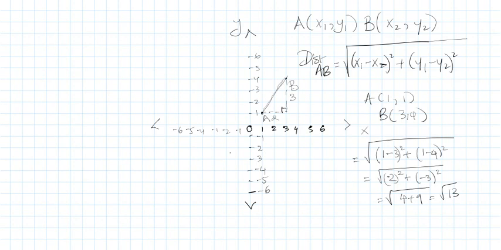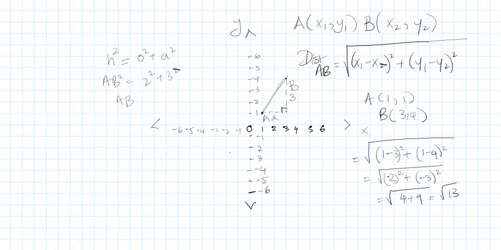If you refer back to the Pythagoras theorem, it tells you that hypotenuse squared is equal to the opposite squared plus the adjacent squared. So here the hypotenuse, which is opposite to the 90-degree angle, is AB squared. So AB squared is equal to 2 squared plus 3 squared.